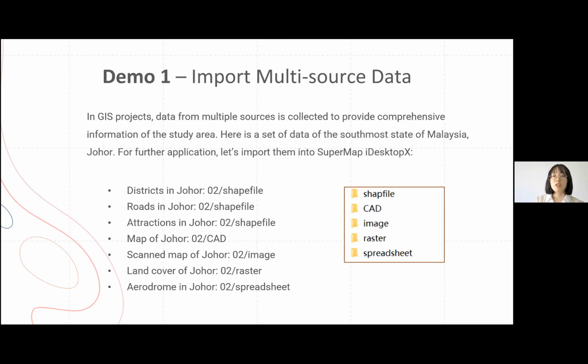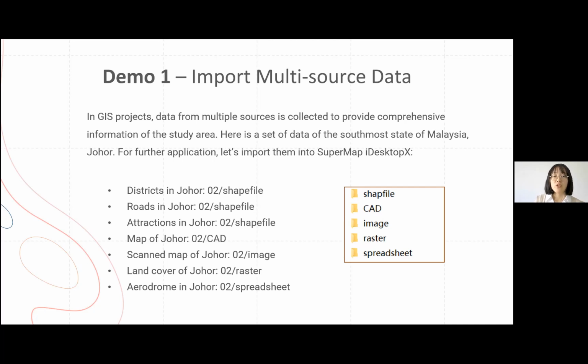For today's demo, our study area is the southernmost state of Malaysia. And for the further GIS application, we need to import all the data we collected for this state into SuperMap iDesktopX.